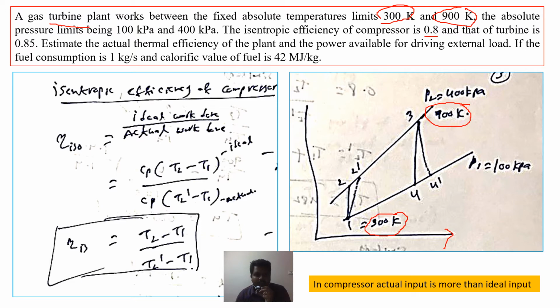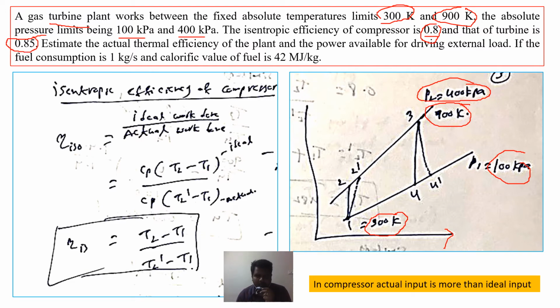And also they have given pressure limits 100 kilopascal and 400 kilopascal. So P1 is 100 kilopascal, P2 is 400 kilopascal. They also gave isentropic efficiency of compressor 0.8, turbine efficiency 0.85.